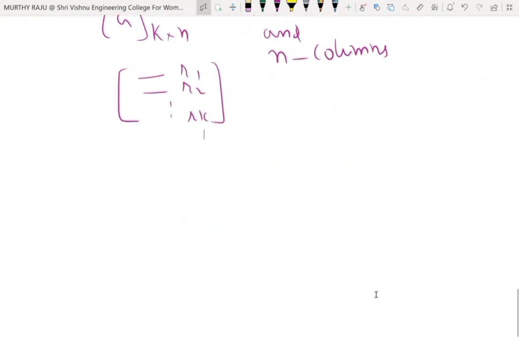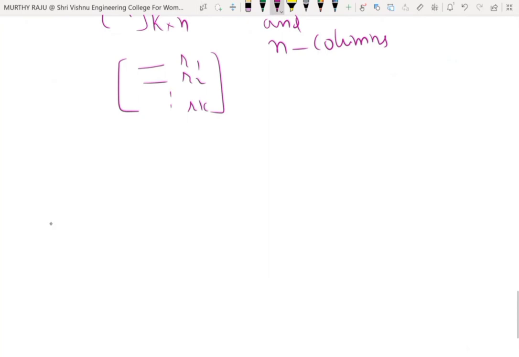Next, another one is the parity check matrix.